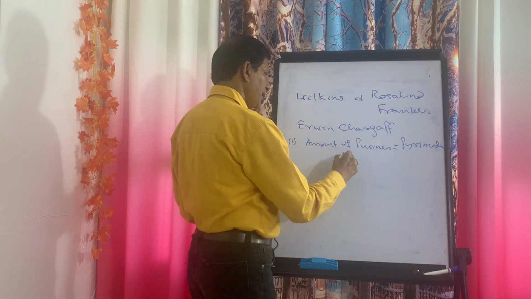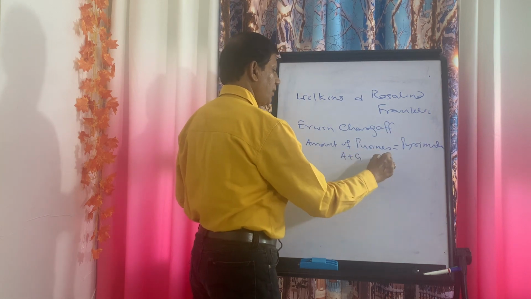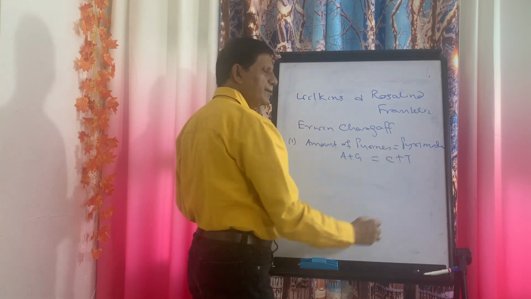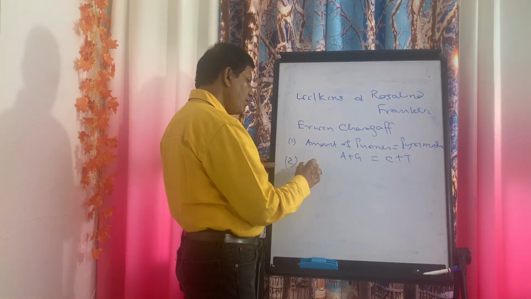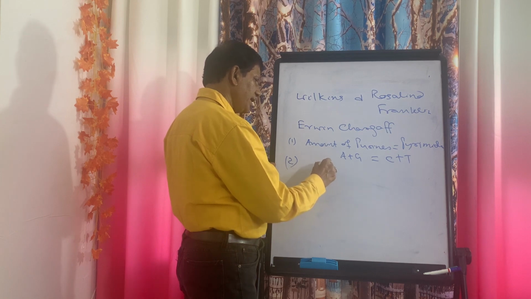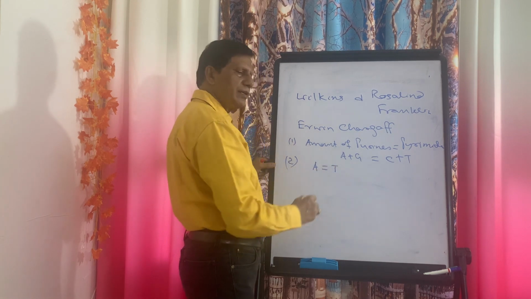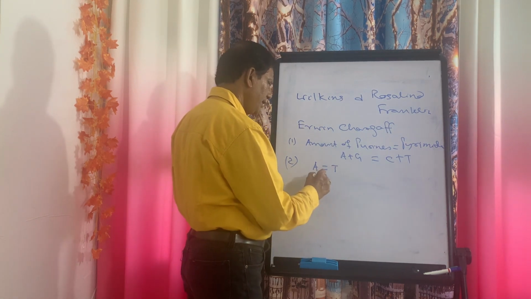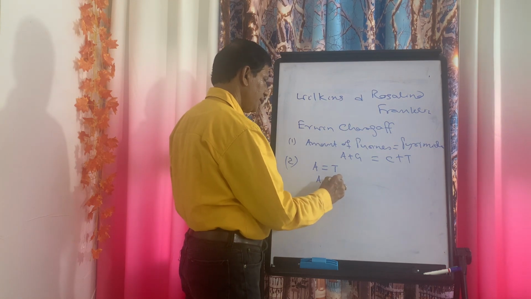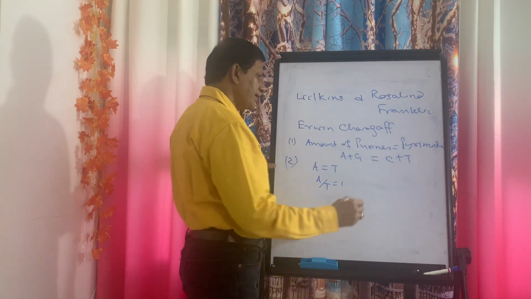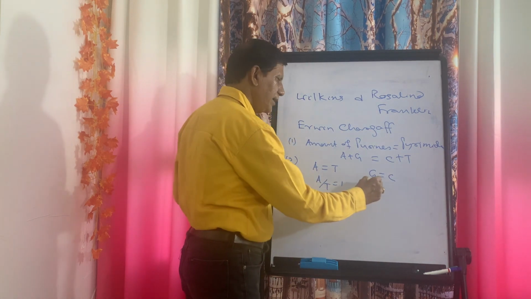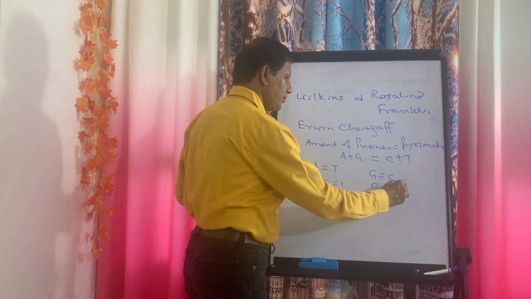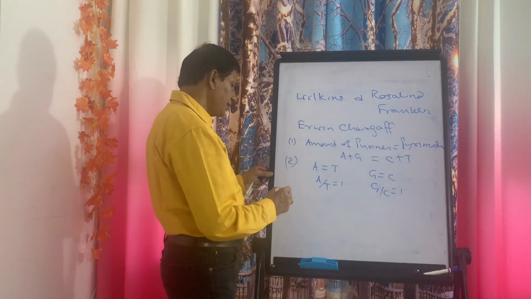That means A plus G is equal to C plus T. Second, the amount of adenine is equal to the amount of thymine, or A divided by T is equal to 1. The amount of G is equal to C, or G by C is equal to 1.